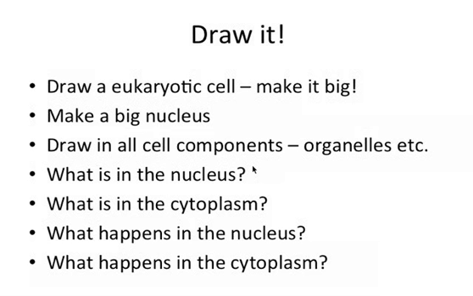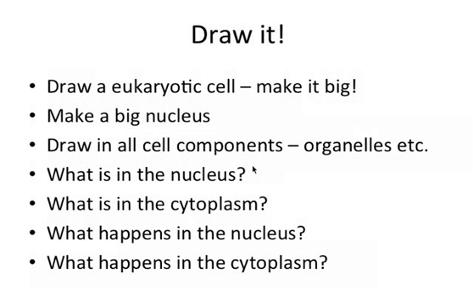Okay, so what did you put in your nucleus? Who wants to raise their hand? Chromatin. What is chromatin? Untangled DNA. Who else wants to add to that? What is chromatin? Well, it's DNA that hasn't compacted into chromosomes.